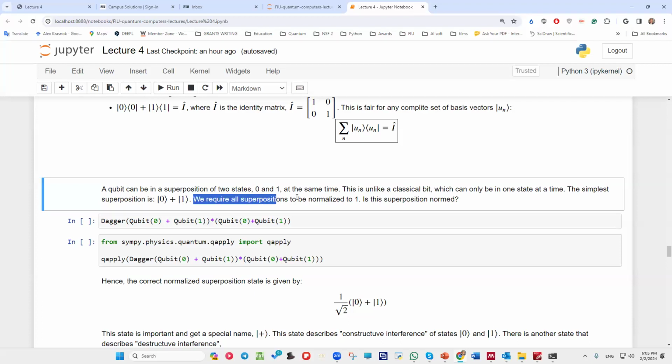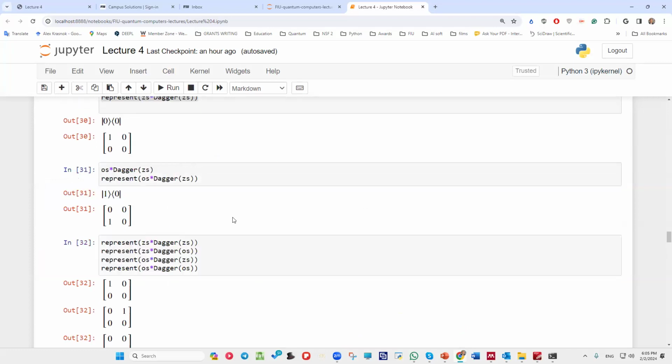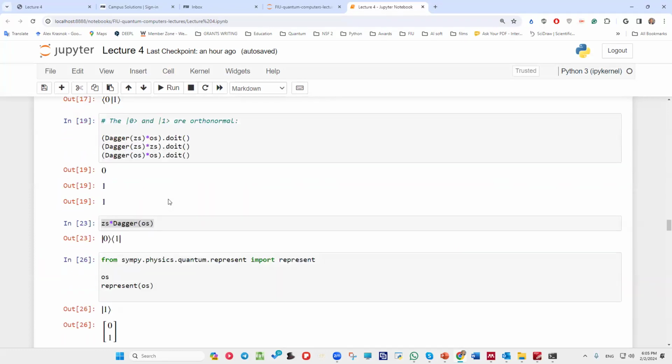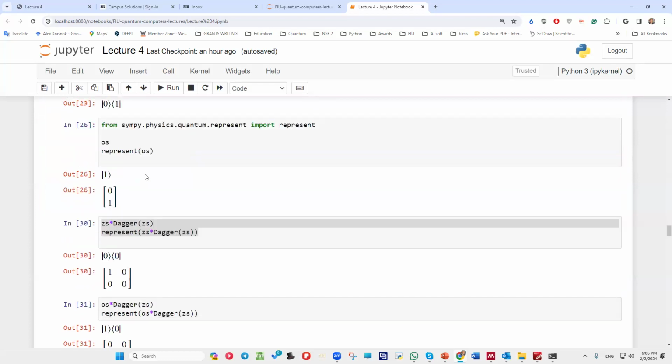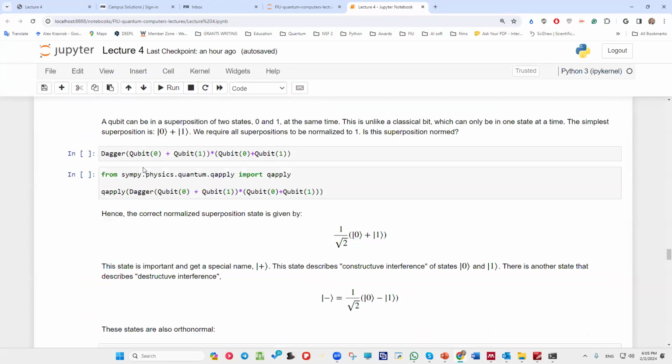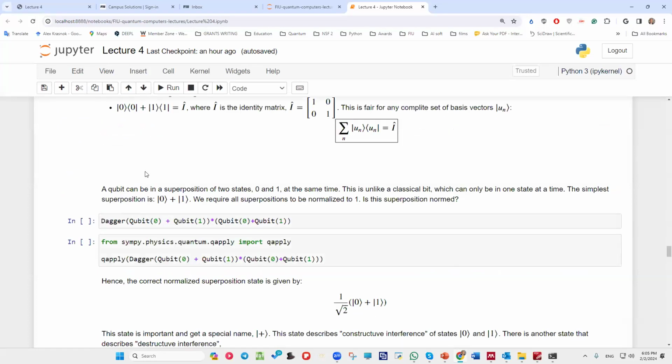However, we will require all quantum states to be normalized to 1, just like all eigenmodes or eigenvectors are normalized to 1. Similarly, we require that all states, all superpositions, are also normalized to 1.